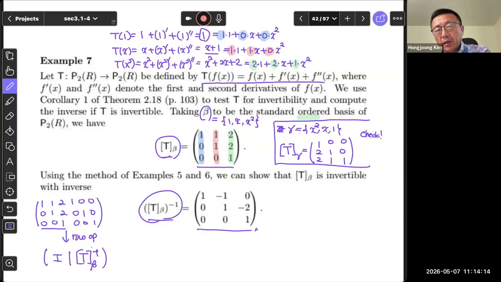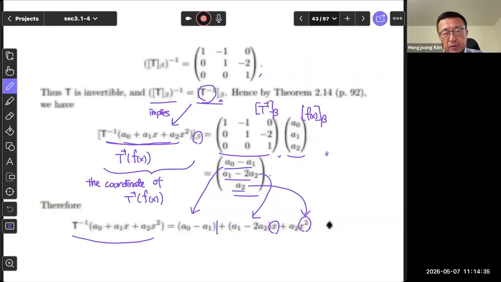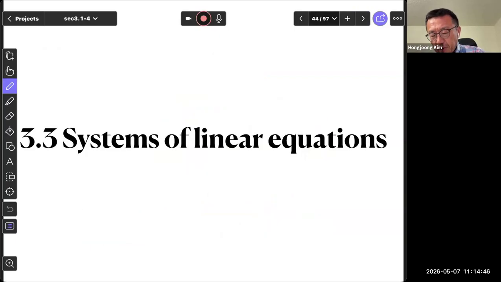That means for any polynomial, I can find its image, but also given any result of this T mapping, I can find its inverse image. And example 7 shows how to find such an inverse image of a polynomial.